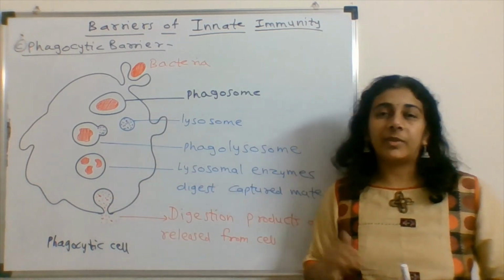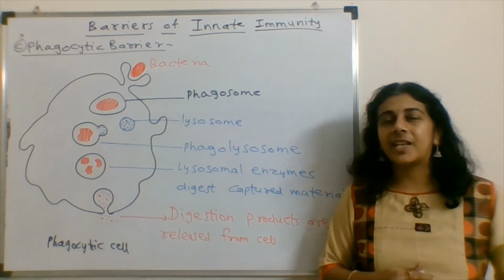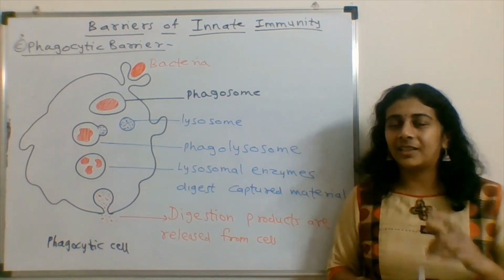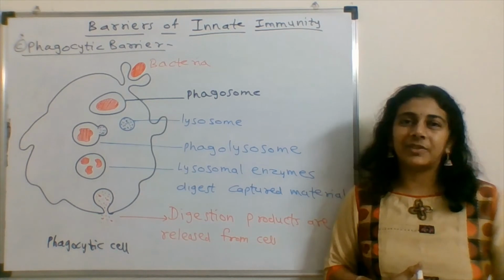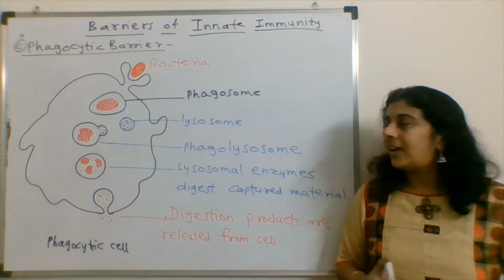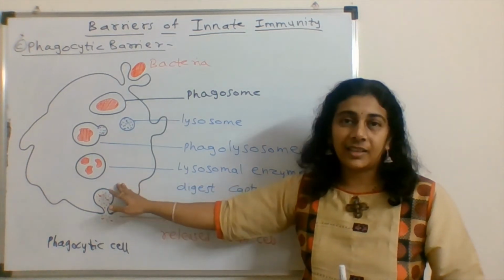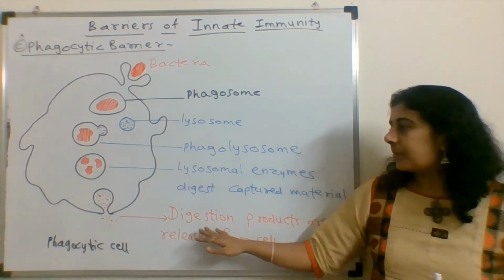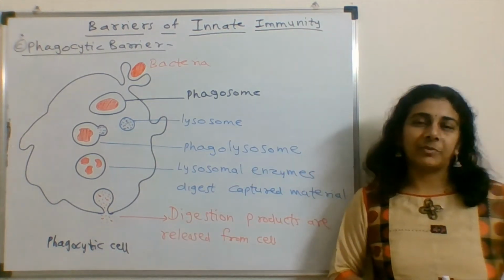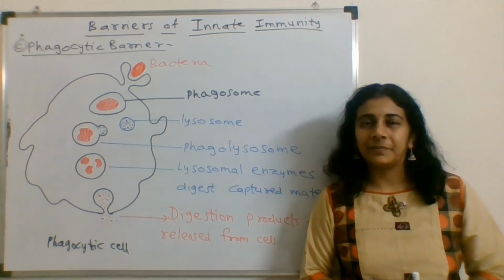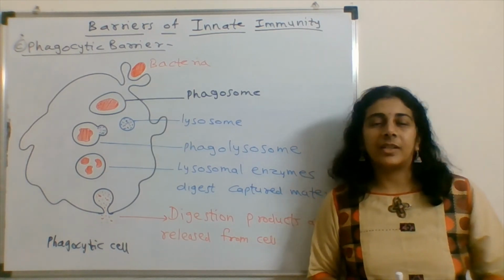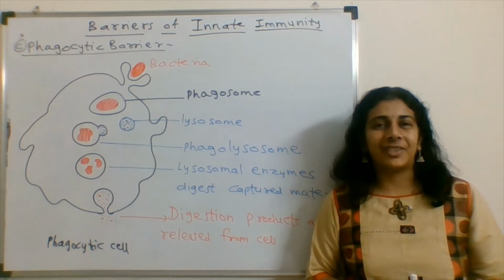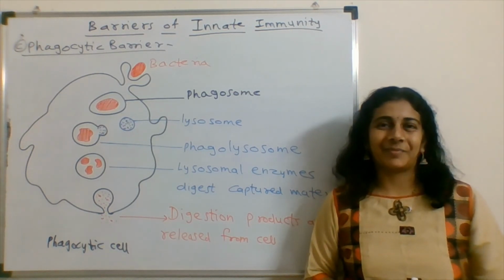Here, the lysosomal enzymes, which include lysozyme, cleave the peptidoglycan layer of the bacterial cell wall, and hence the bacteria get cleaved into parts, and that digested product is released from the phagocytic cell. So in this way phagocytosis occurs, and this is an important barrier of the innate immune system.